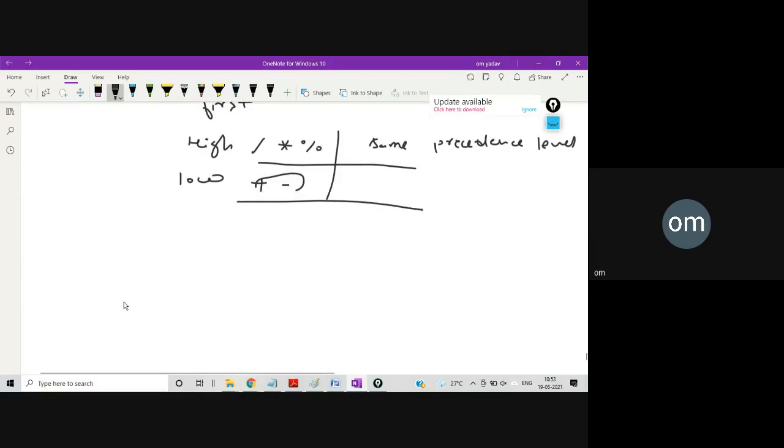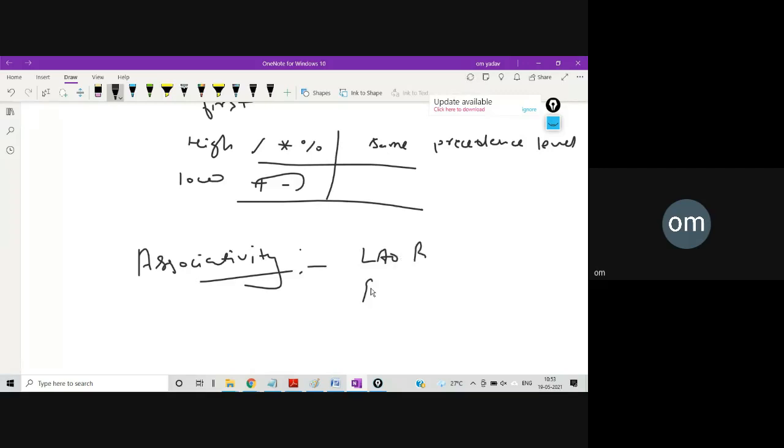Associativity is of two types: left to right or right to left. That means whether to evaluate the expression from left to right or right to left. Now every operator, arithmetic, relational, assignment, every type of operator, has one particular type of associativity.